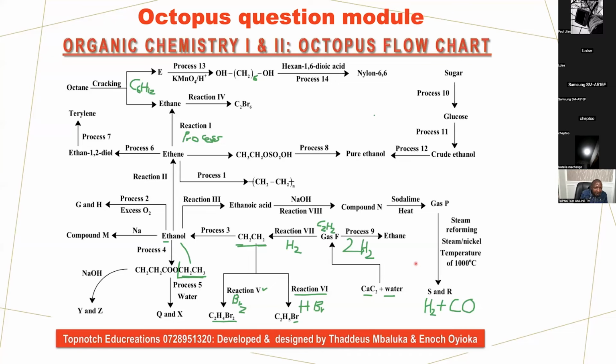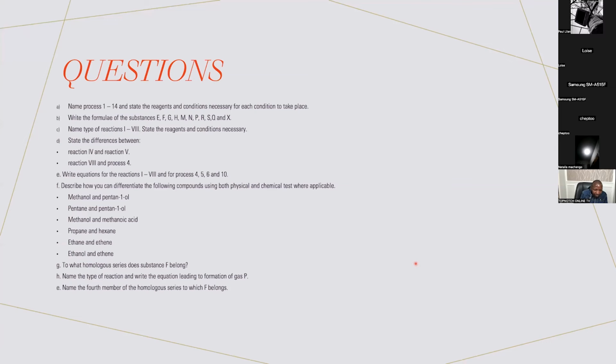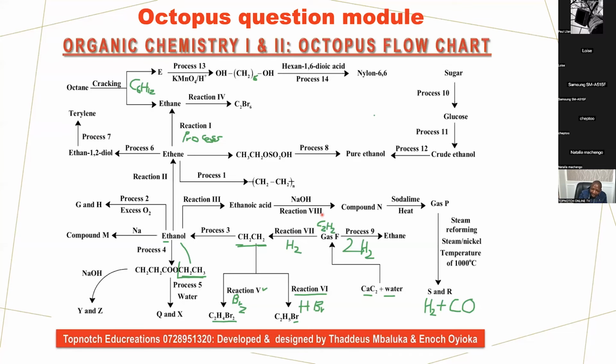Excuse me, sir, I have a question. Yes. What is decarboxylation? Decarboxylation is this process here, whereby we have the formation of alkanes. When we have sodium ethanoate and react it with soda lime, the product is sodium carbonate plus methane.